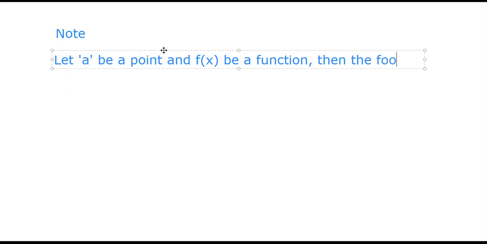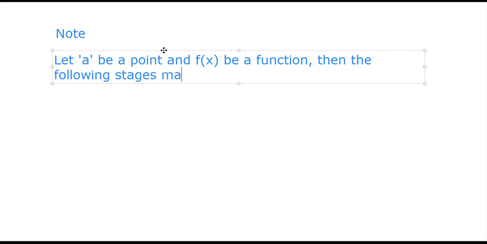Okay? என்னெல்லாம் கொடுத்திருக்காங்கன்னு பாரு. The following stages may happen.